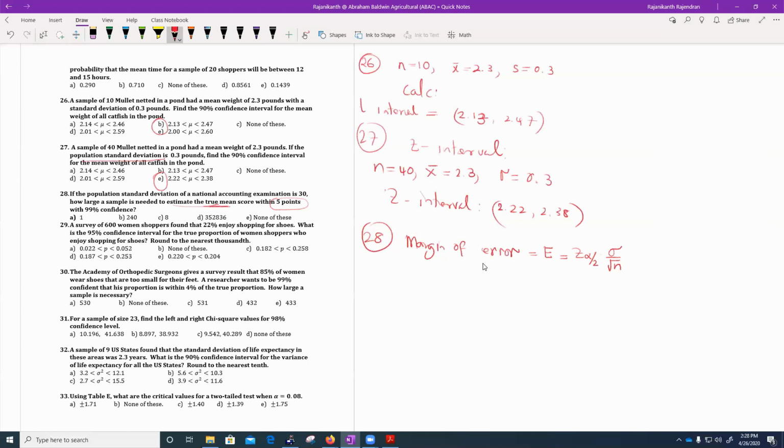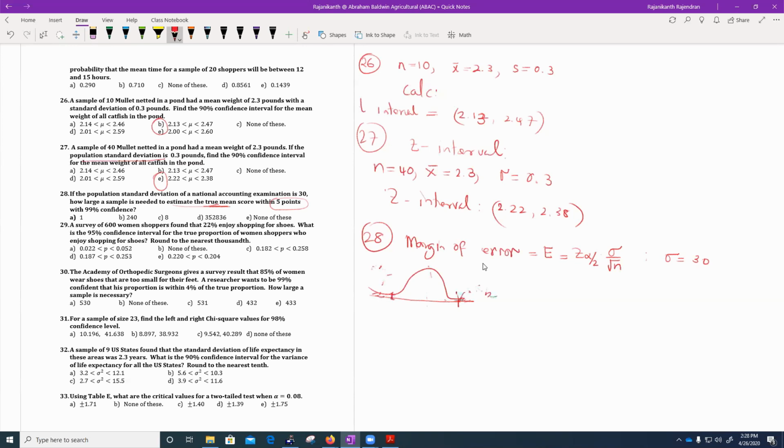So the population standard deviation is given for this problem, that is 30, right? But the confidence level is now 99. So if you draw a picture for this, we could find the z alpha over 2 now. So now this is alpha over 2 and this is alpha over 2.